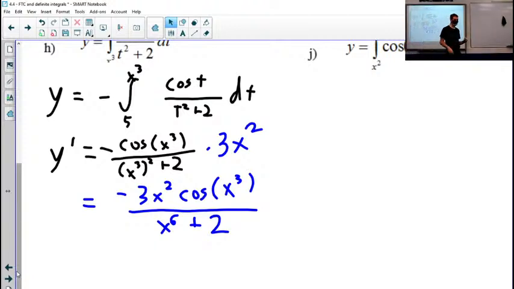It's a common thing I see people miss. x cubed squared is x cubed times x cubed. So that's x to the 6th. x cubed times x squared is x to the 5th. And x cubed squared is x to the 6th.